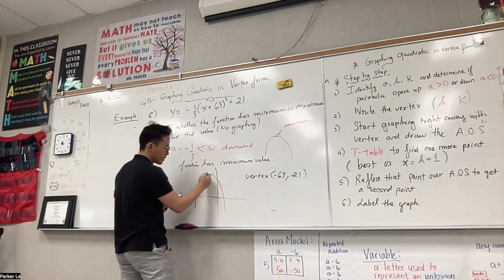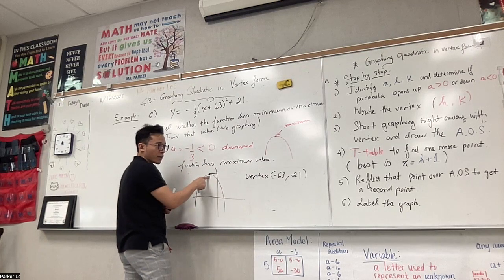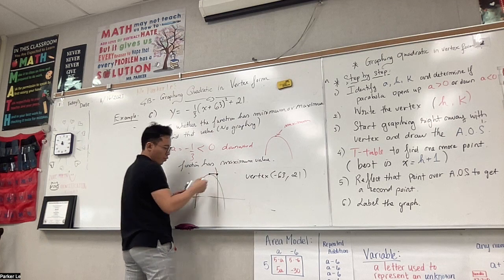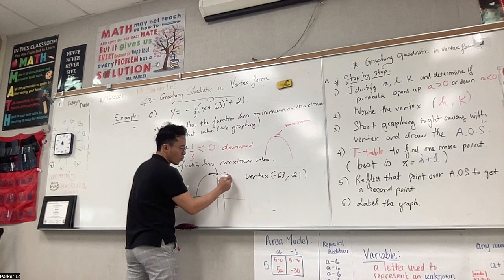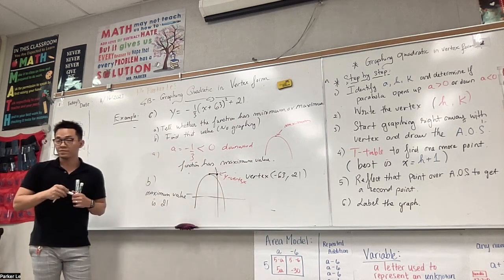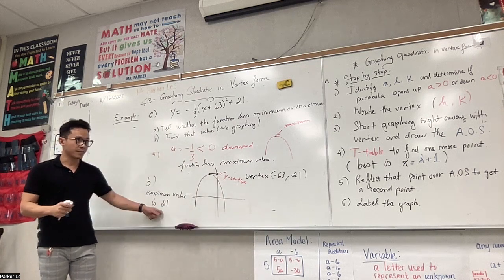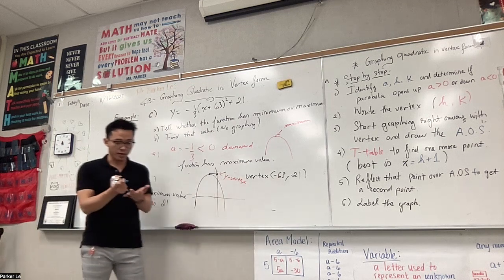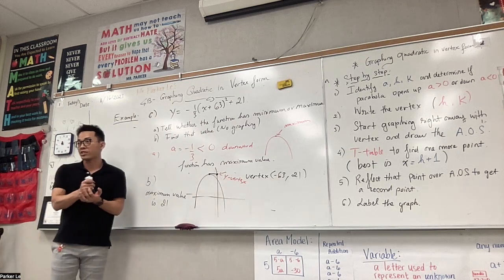Like this one, the highest point or lowest point is about the y value. Y value, y vertex, not x vertex. Remember to give me this. If you just give me the vertex, it doesn't show me you understand the question.